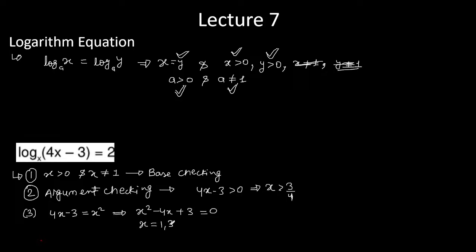Okay. So we are told that x is not equal to 1, so this will get rejected. x is bigger than 0, x is bigger than 3 by 4, and x is not 1. So x equal to 3 is satisfying all these conditions. 3 is bigger than 3 by 4, 3 is bigger than 0, 3 is not equal to 1. So we have one solution, x equal to 3.